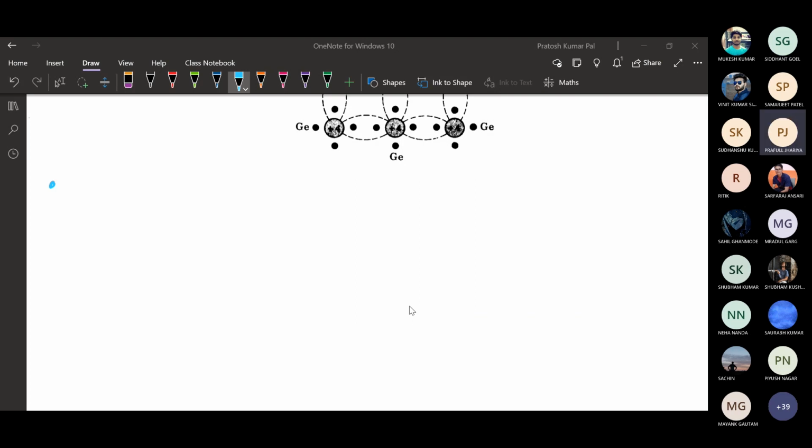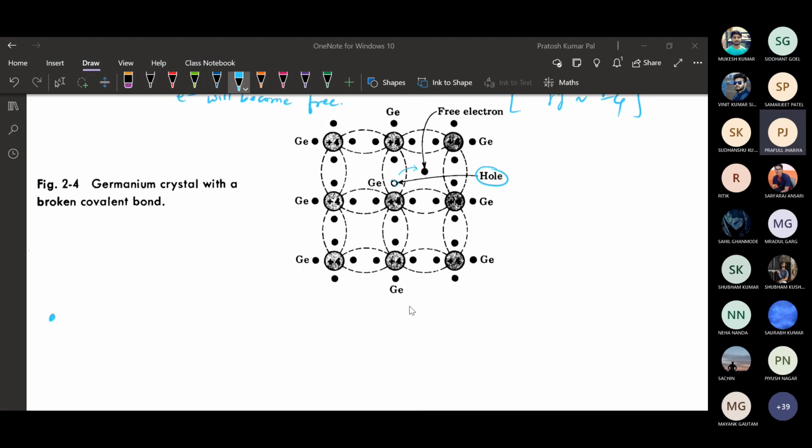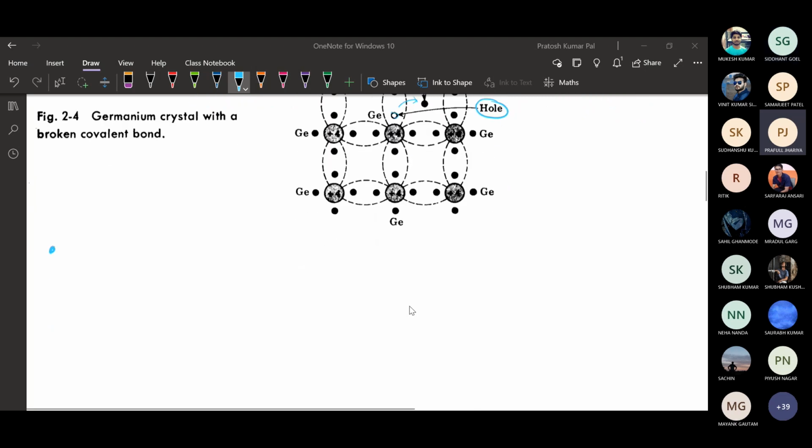Okay, so here we are going to see the effect of holes. Once we provide thermal energy, the holes are being generated. So holes have the same effect as the electrons.